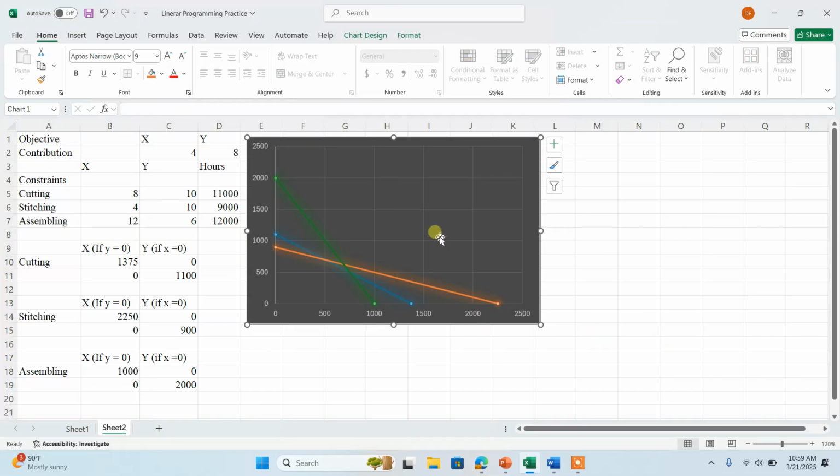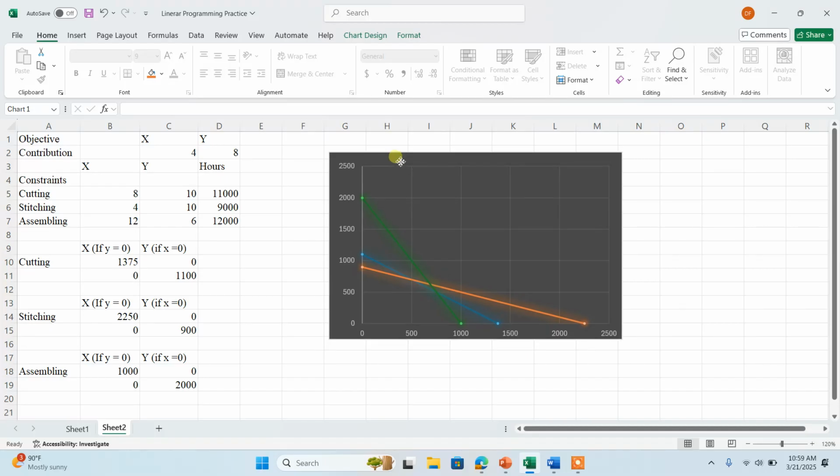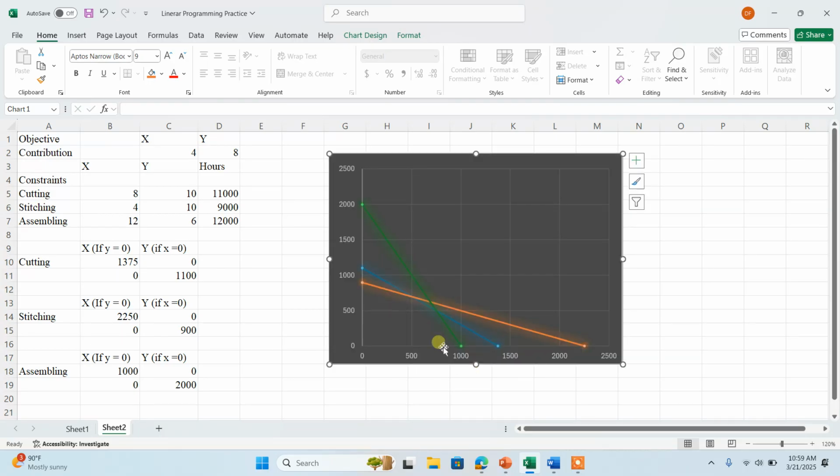Okay, now you can see the green line. The green line represents the assembling department. Now you can see these are the number of hours available to produce x and y in the assembling department. But the problem is that if I want to produce anything at this point, I cannot, because I have the constraints of the first two departments.